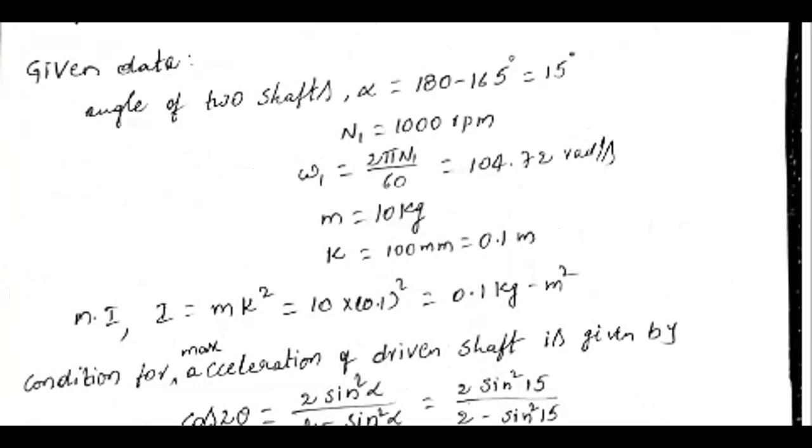Omega 1 equals 2 pi N1 by 60. Substituting the values, we get omega 1 as 104.72 radians per second.